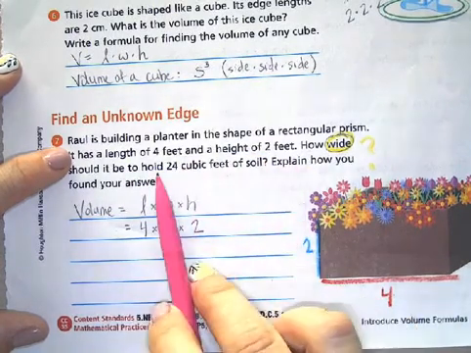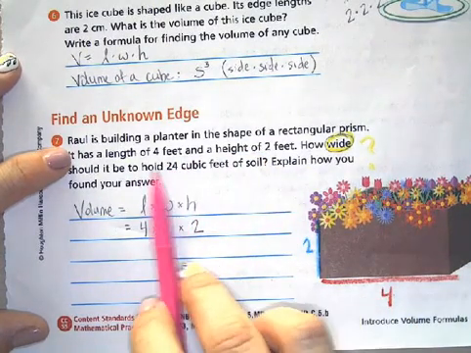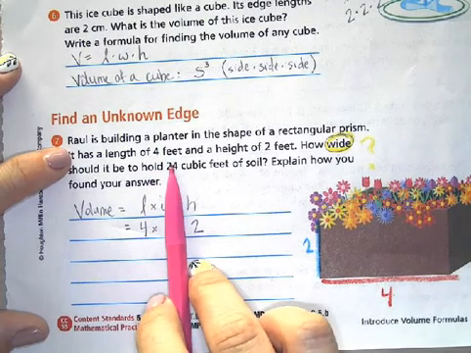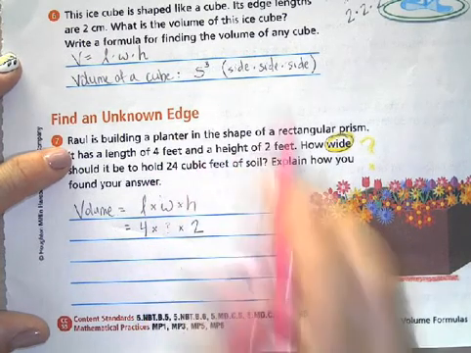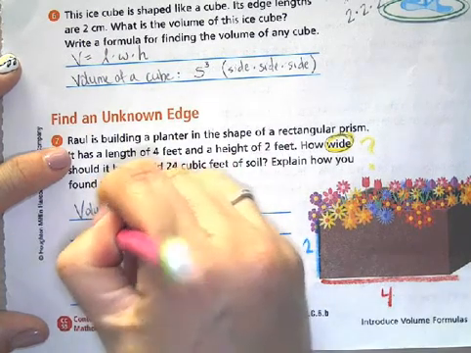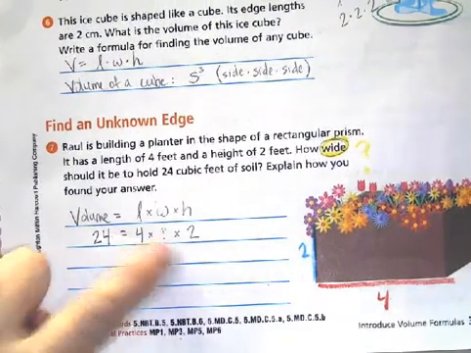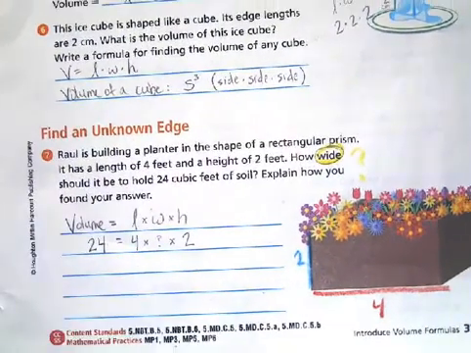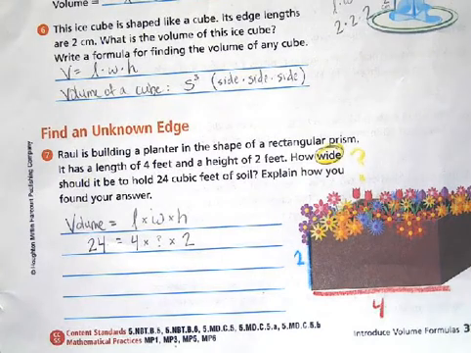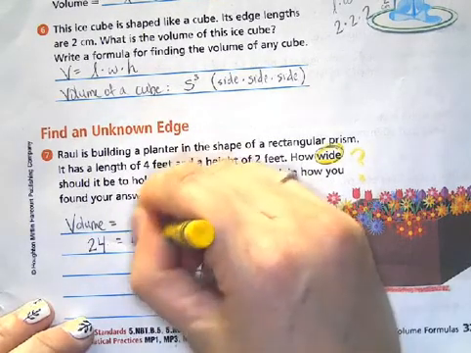And I know that the volume is 24 because it says hold inside 24 cubic feet of soil. So I know that it has to be 24 equals 4 times something times 2. What process would you do here? You're trying to find the missing piece.